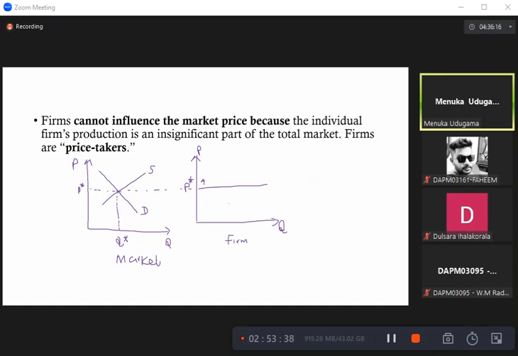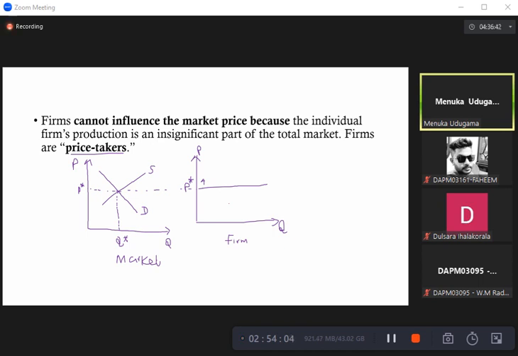Right. So therefore, we are called price takers. The sellers in this market are price takers because we take the price decided by the market. So this is a perfectly competitive market where the competition is at its ideal level.